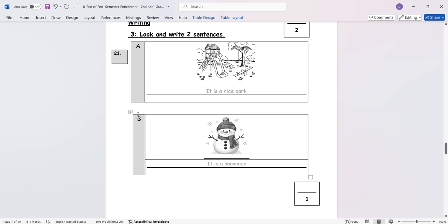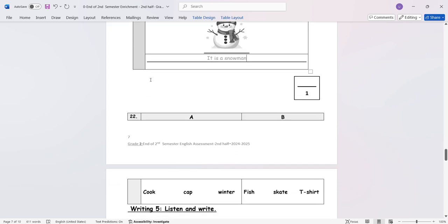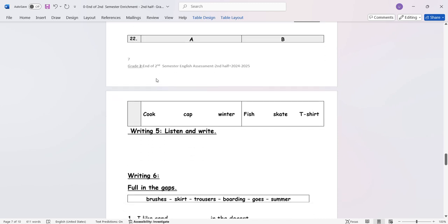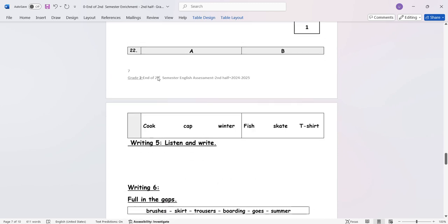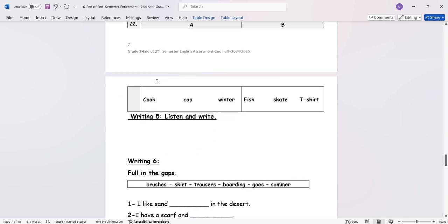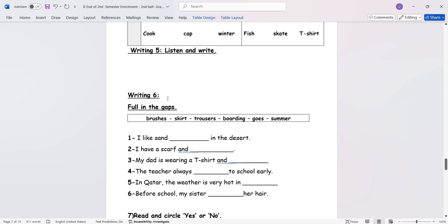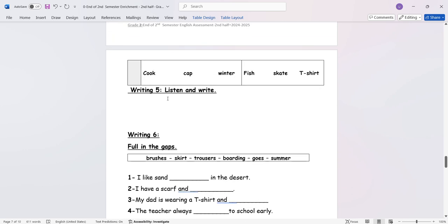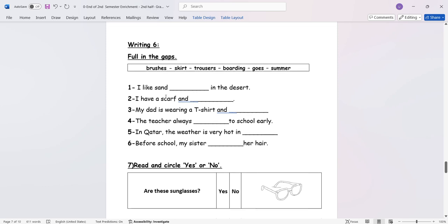Okay, now we move to writing 5. Listen and write. Okay, we move to writing 6.